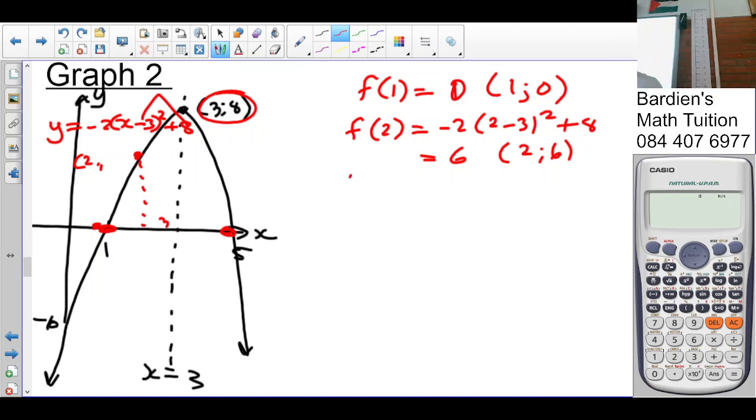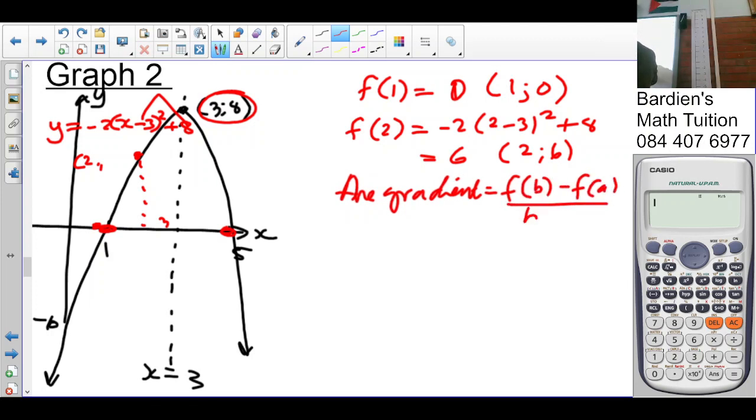For the average gradient, what is the formula? F of b minus f of a over b minus a. Okay? So if this is a, that is f of a. If that is b, that will be f of b.